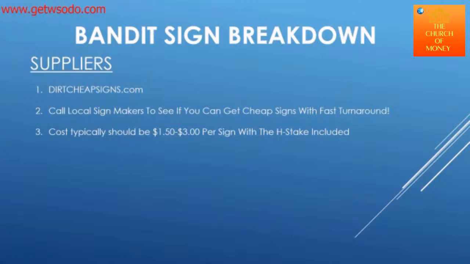Number two is, and this is what I did after I realized that Dirt Cheap Signs was a little above my budget at the time, I called local sign makers to see if I could get cheap signs with fast turnaround. You want to call local sign makers in your area. So do a Google search for local bandit sign makers or local sign makers, and then give them a call.